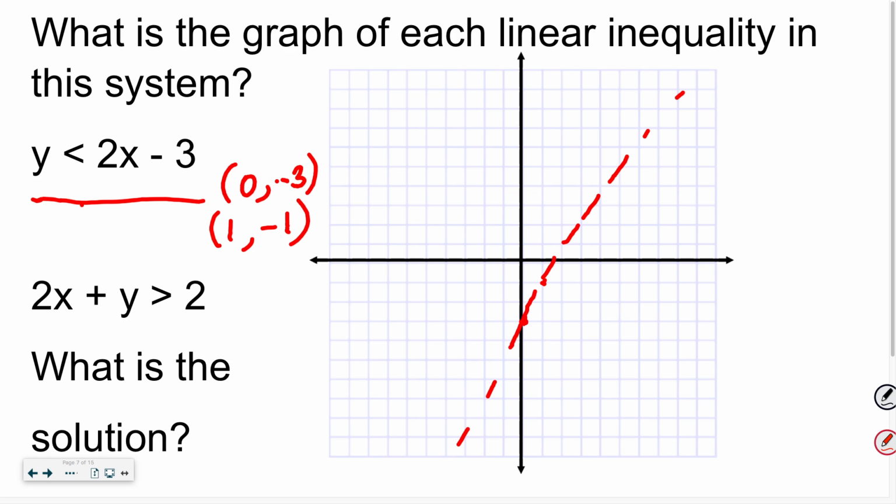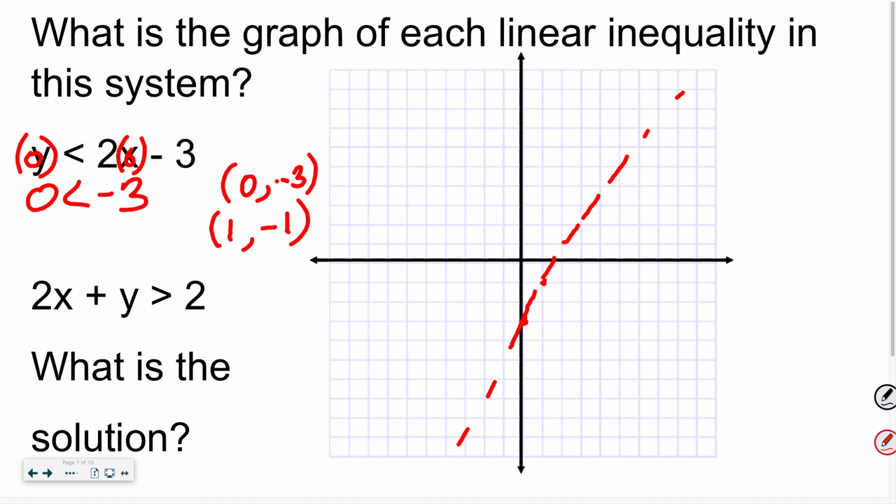Is there a coordinate that we could easily try? Yeah, 0, 0, the origin. Very easy to substitute in. So if we tried 0 for x and 0 for y, what would we get? 0 is less than negative 3. Is that true? No. So that means that coordinate and all the other points on that side are not solutions.